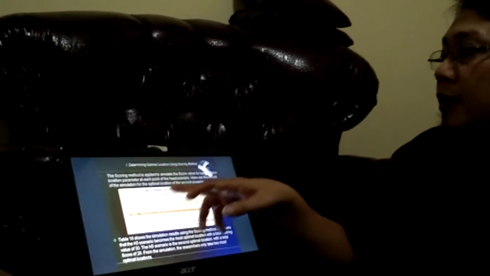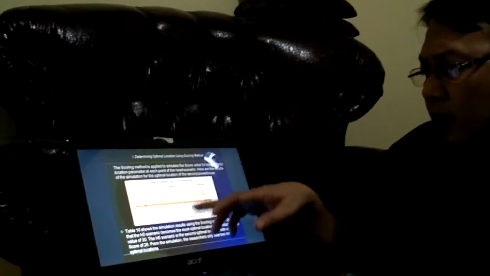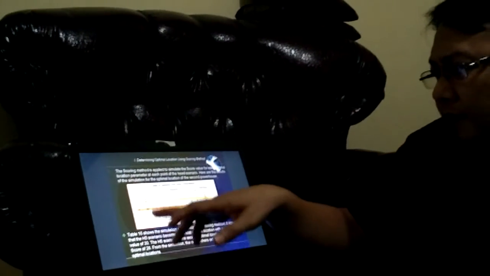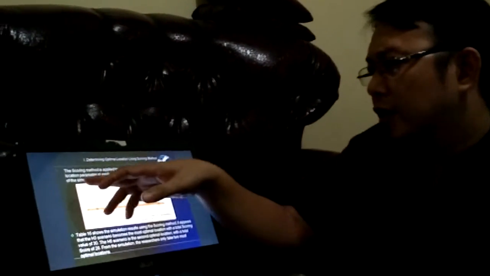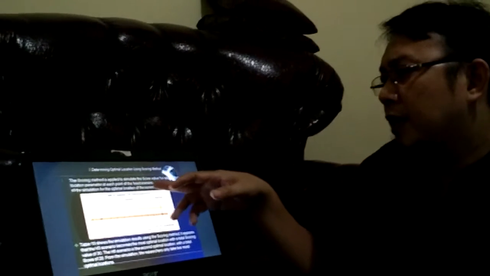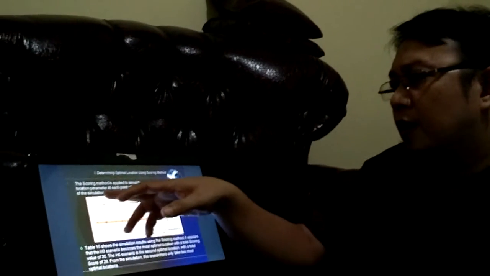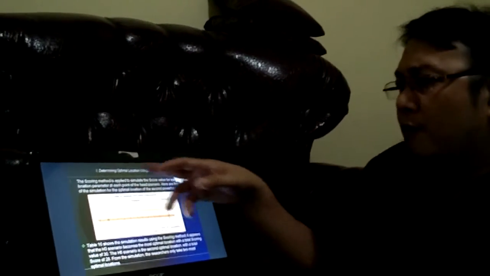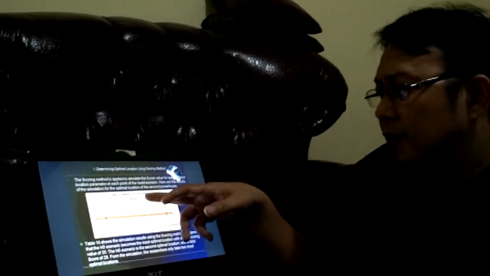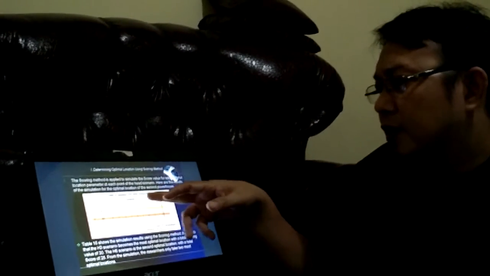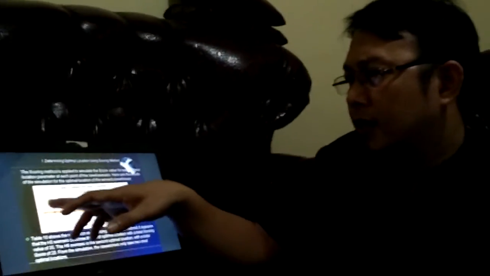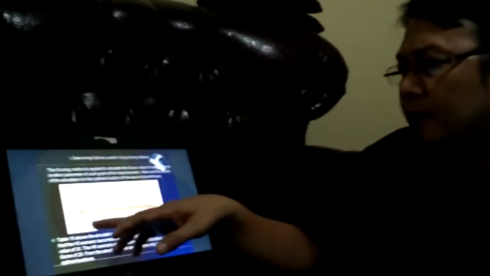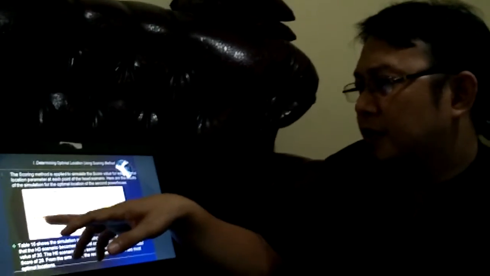Determine the optimal location using the scoring method. The scoring method is applied to simulate the score value for the location parameters at each point of the head scenario. Here are the results of the simulation for the optimal location of the second powerhouse. This is the table of simulation results using the scoring method. The best locations are head 3 and head 6.